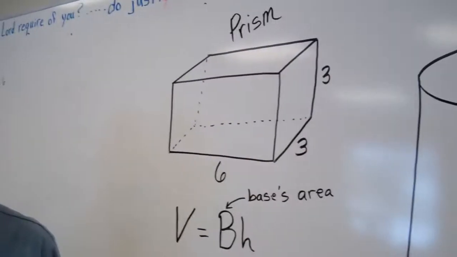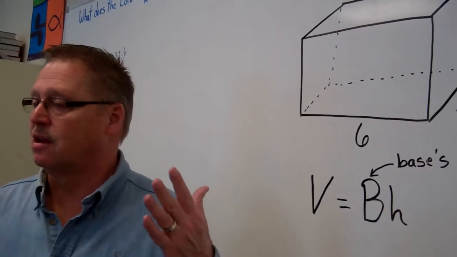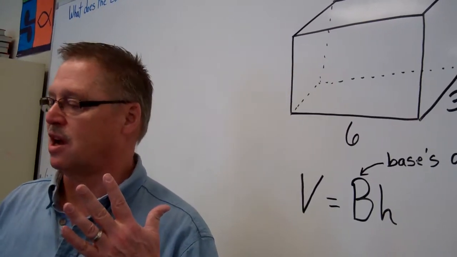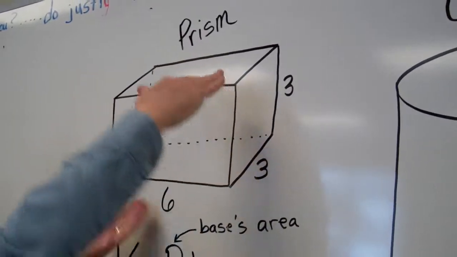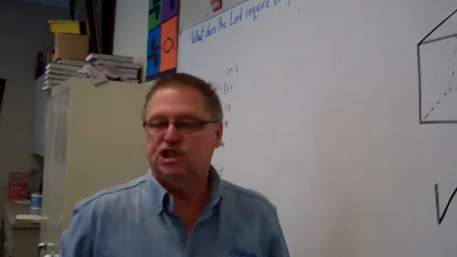With a prism, you could pick any side for the base because the base is any face that has a matching side on the other end. So you could go wall, wall, or wall. Which do you choose, David? Let's go the wall.